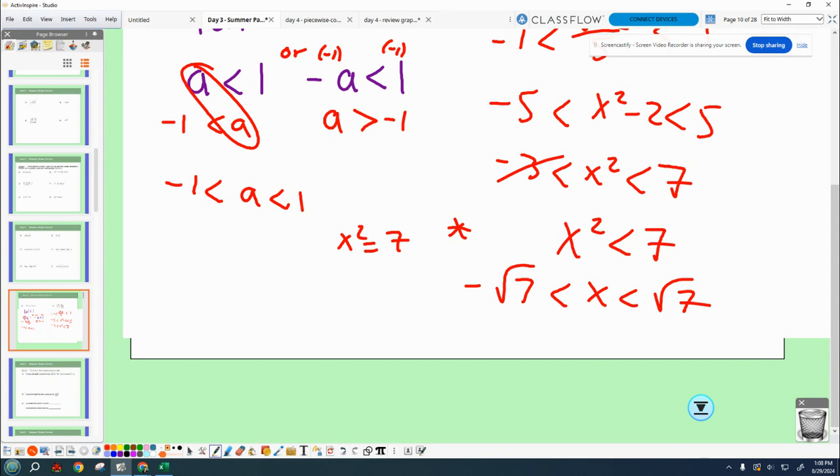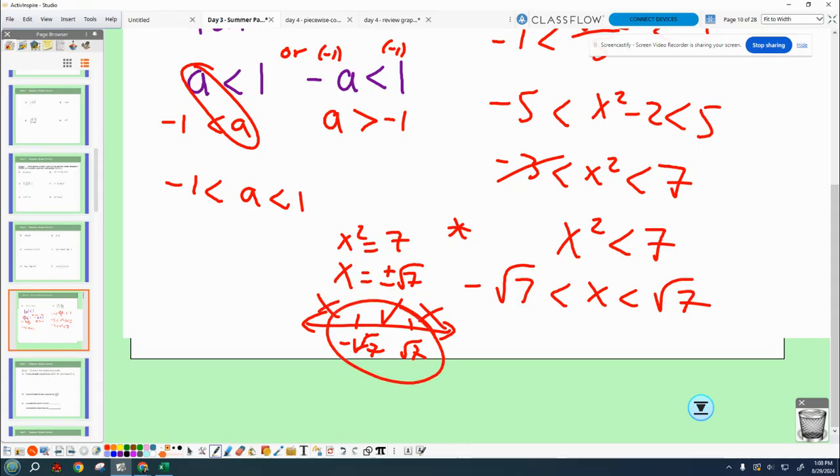When does x equal this? Plus or minus square root of 7. I'm going to do a number line and check it. Zero, does that work and make this true? Yes, it does. 9,000, check. 9,000 squared is too big. This is the region I want.